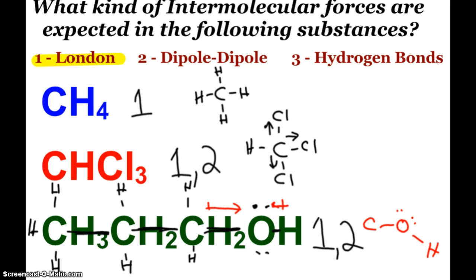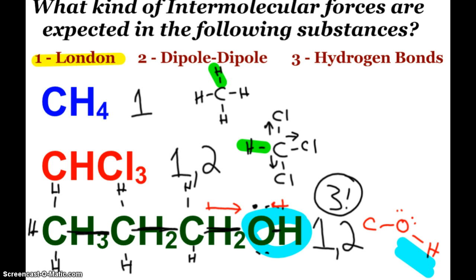And then lastly, hydrogen bonds. The hydrogen must be attached to nitrogen, oxygen, or fluorine. So these hydrogens are not, this hydrogen is not, but this hydrogen is. And so because of that, our last molecule, propanol, will also experience hydrogen bonds.